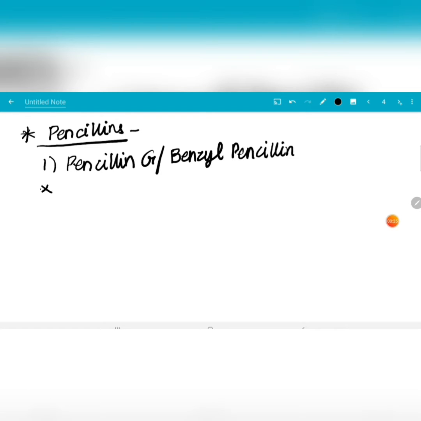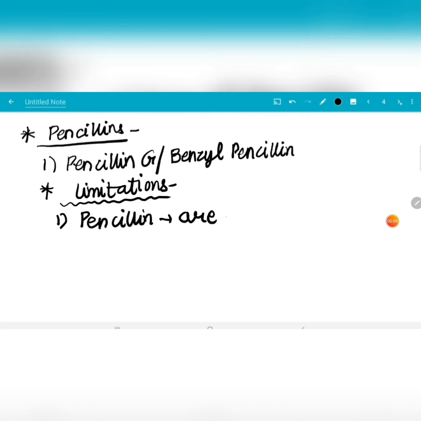Now, what are the limitations of penicillin? Penicillins are not effective orally because they are acid labile. If you take penicillin orally, stomach acid will destroy it.